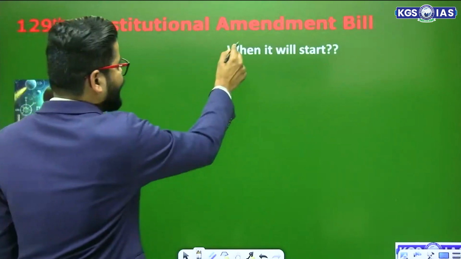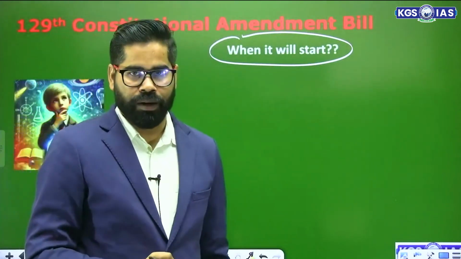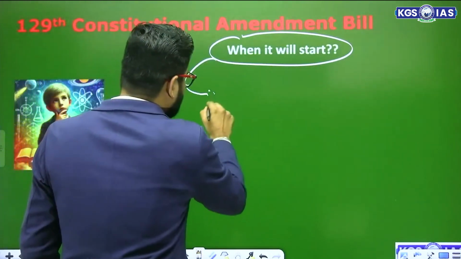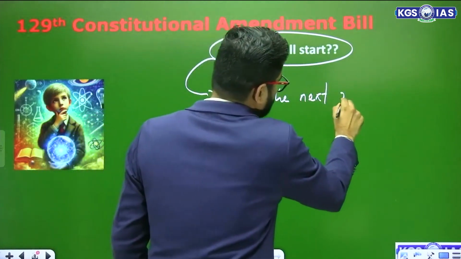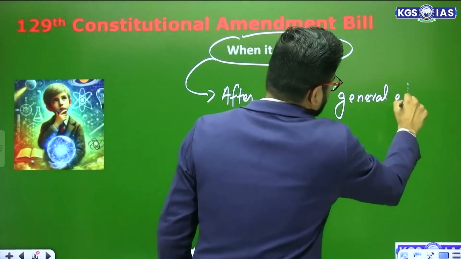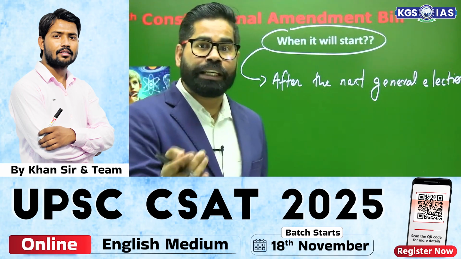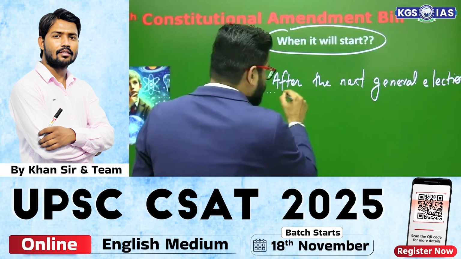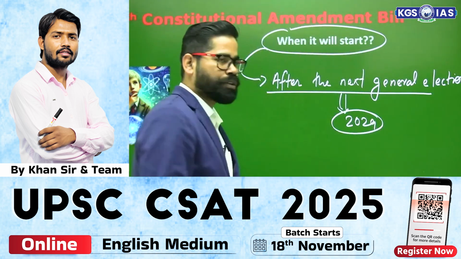Second thing: when are we going to have simultaneous election as per this 129th Constitutional Amendment Bill? It has been said that after the next general election, suppose the government continues for 5 years, then there will be an election in 2029.